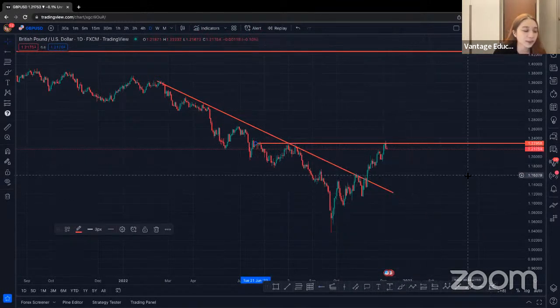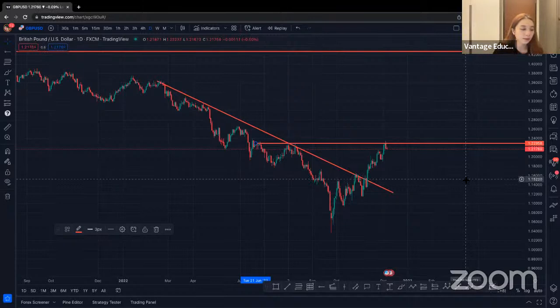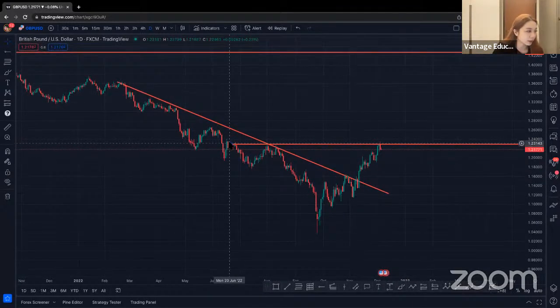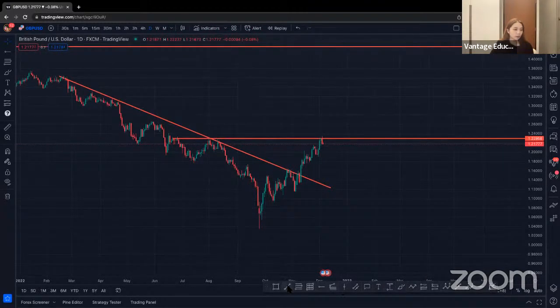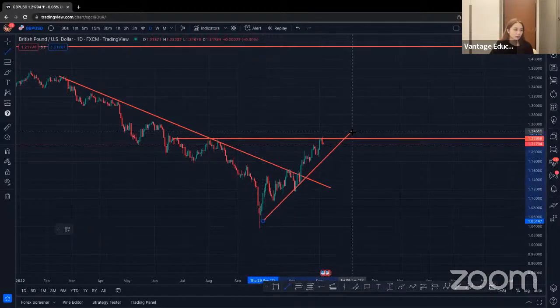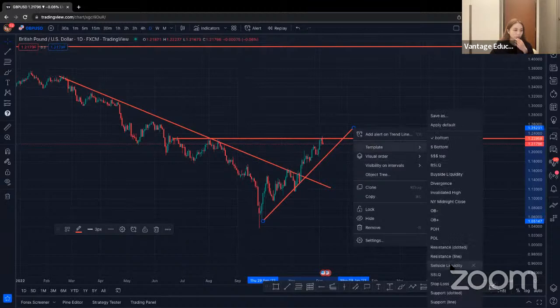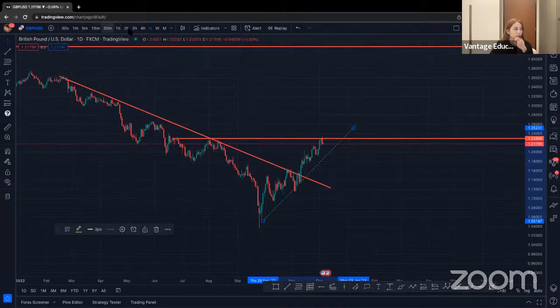Do have to take note of this current price level at 1.22958 as a resistance that has not been passed since June of this year. So that's something to consider. And we do have an upward moving line here. Let's look at H4.